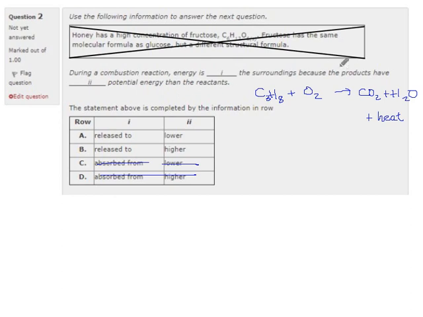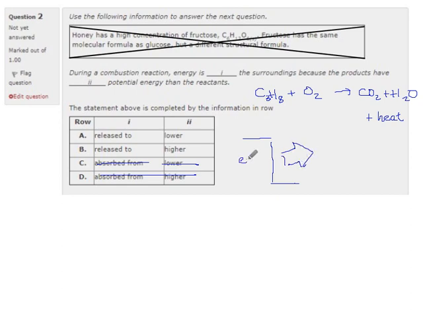And then they talk about the products having higher or lower potential energy than the reactants. Well, if it's an exothermic reaction, you know the energy diagram looks like this, where the combustible thing like gasoline or whatever has high potential energy and then loses that energy as it burns. Why? Because that energy is released into the surroundings as heat and light and a little bit of sound.